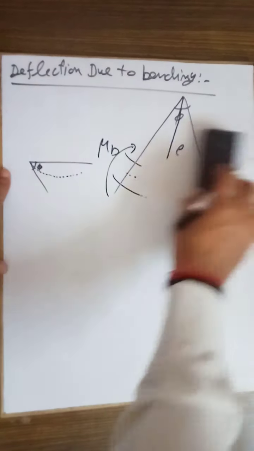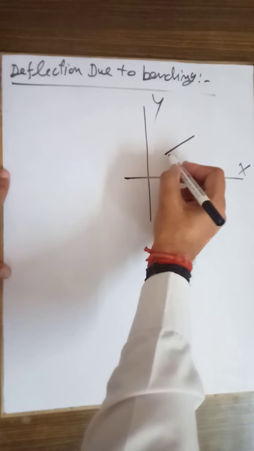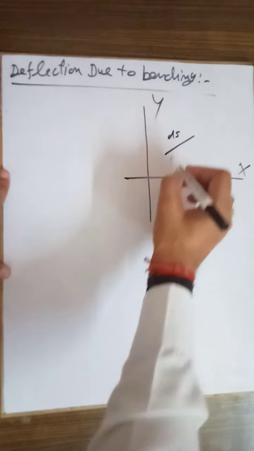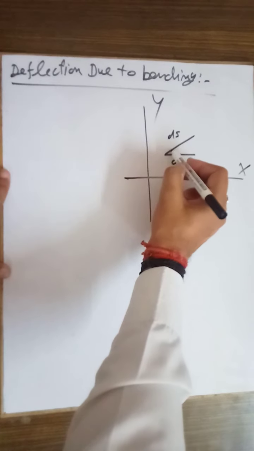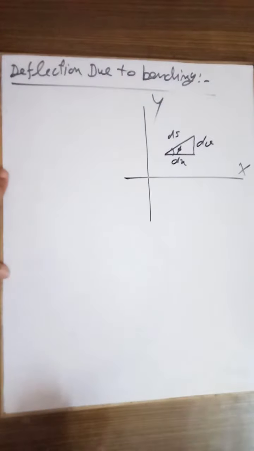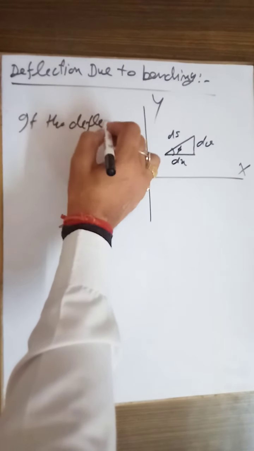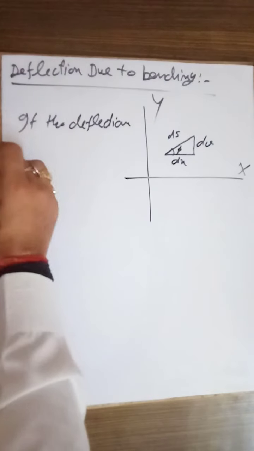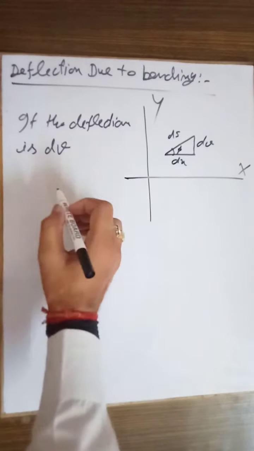This is the xy plane, and the slope is like this. The small segment we are considering is ds, this is our dx, this is phi, and this part will be dv. If the deflection is dv.